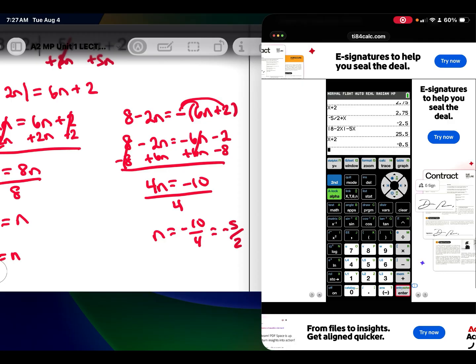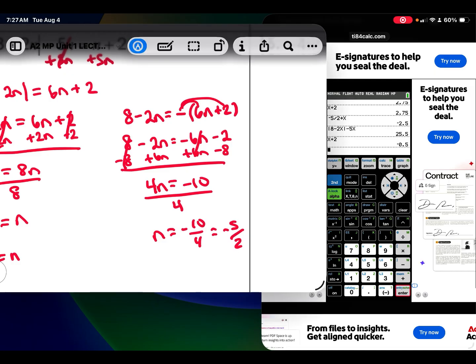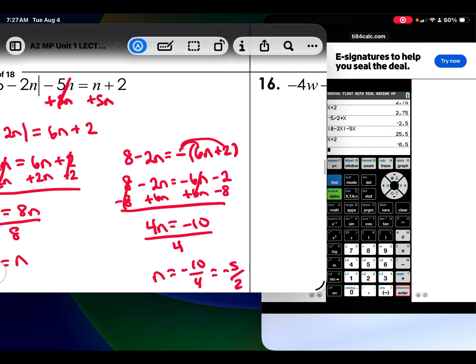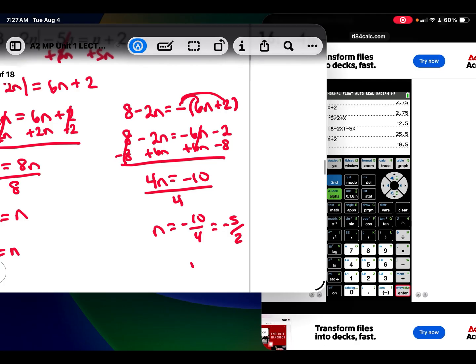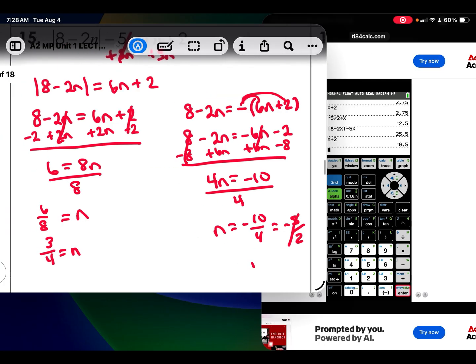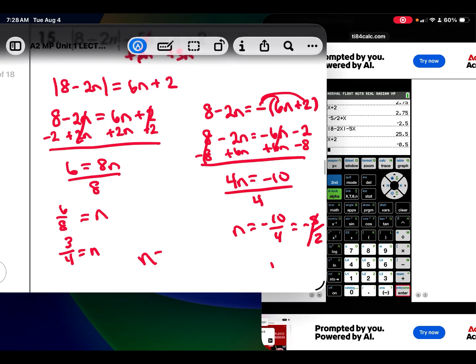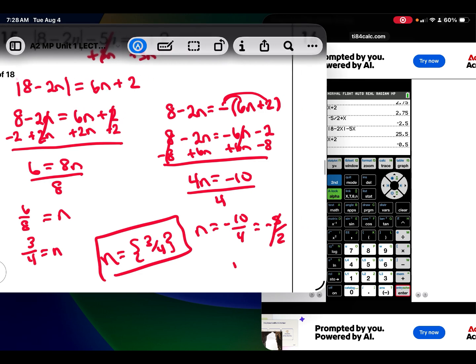So that is not a good solution. See how those two do not equal each other? So when I plug it in, it didn't actually work. So this one is not a good solution, and I only have one solution, which is n equals 3/4. And the negative 5 halves is extraneous.